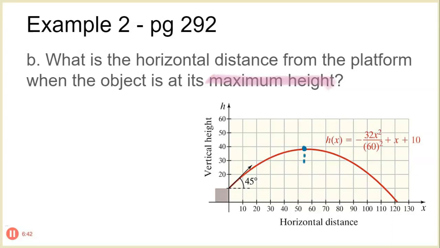So I want to be able to find 2 things. I want to find the actual distance, and I want to find the actual maximum height. I know that this point on my graph is called the vertex.